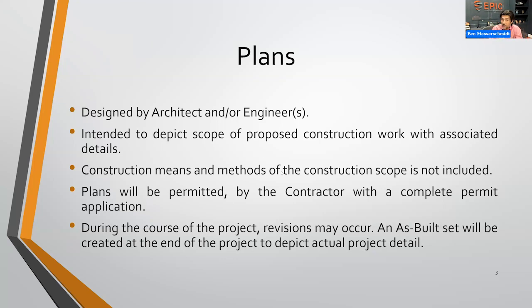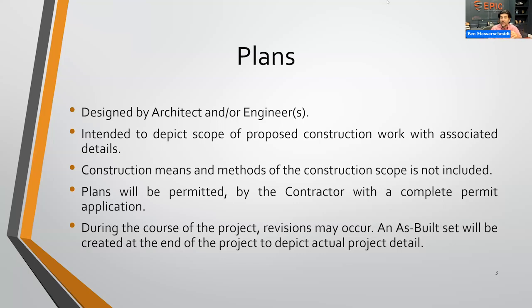Now, plans certainly, as I stated, will be permitted, and that permit is going to be pulled by the contractor doing the work. There will still be a form that needs to be signed by the owner, so by the association, but it'll still be the contractor's actual permit that is being held with the city, within the municipality.